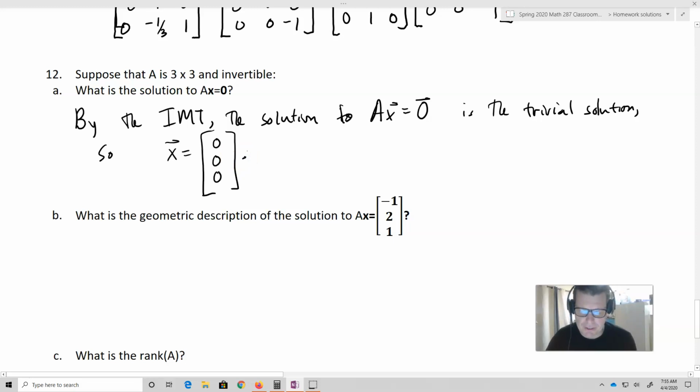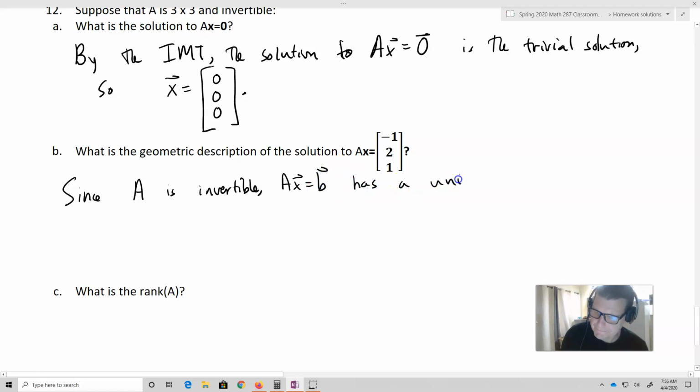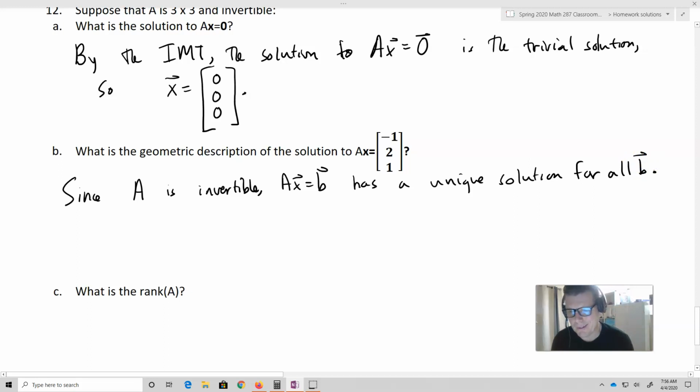Now, what is the geometric description of the solution to AX equals [1, -1, 2, 1]? Since A is invertible, we know that AX equals B has a unique solution for all B. What does that mean? It means that there's only one. So every solution is what? It's a point.